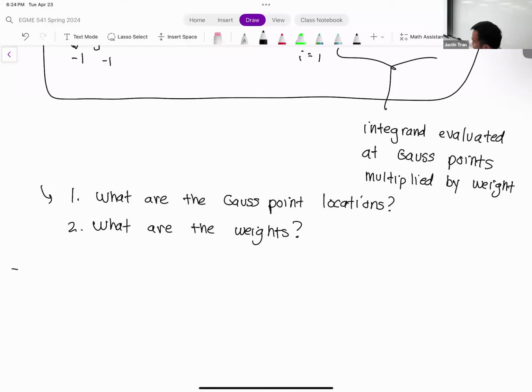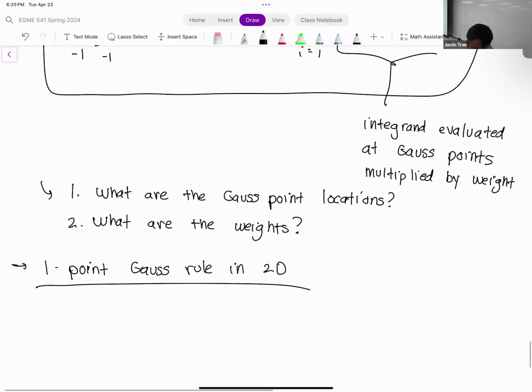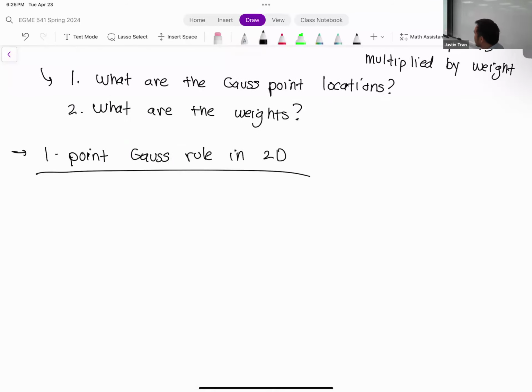So I'm going to go over two Gauss rules in 2D. These are just the most feasible ones. So one popular one is to simply use a single point. So this is a 1-point rule. The 1-point Gauss rule in 2D is pretty straightforward.